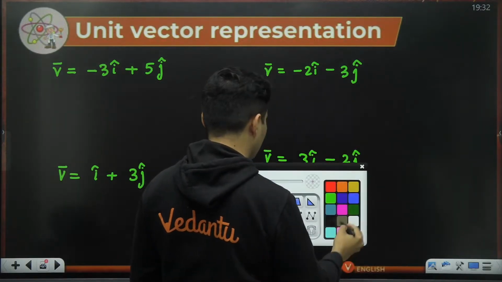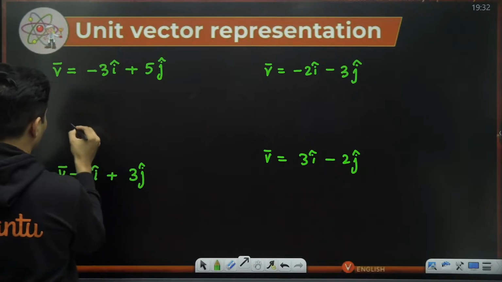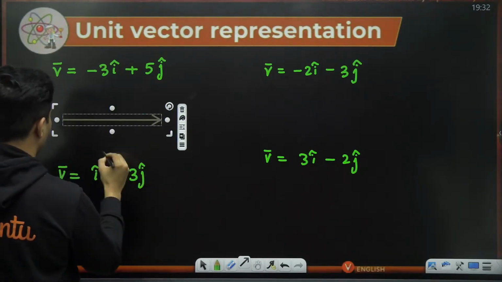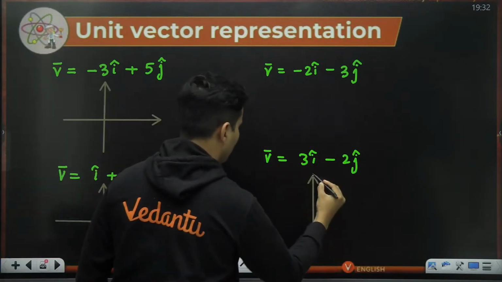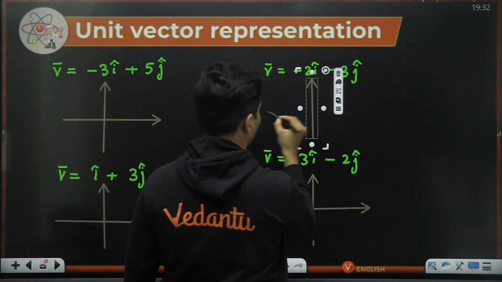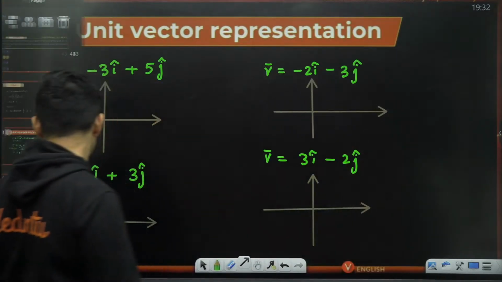How will these vectors basically look like in our XY diagram? So X, Y, X, Y. Okay, how will they basically look like?